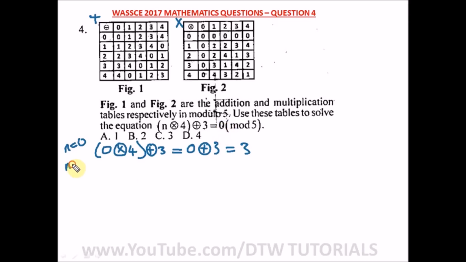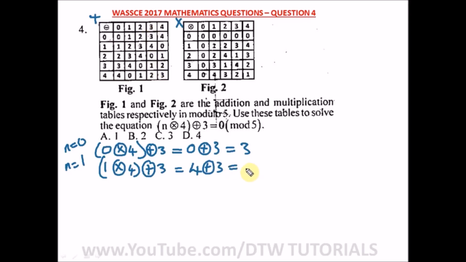So let's try n equal to 1. So we have 1 times 4, plus 3. From our table, 1 times 4, we have 4. So 4 plus 3 in modulo 5, we have 4 and this is 3, and we have 2.